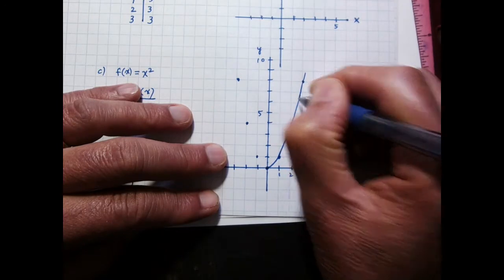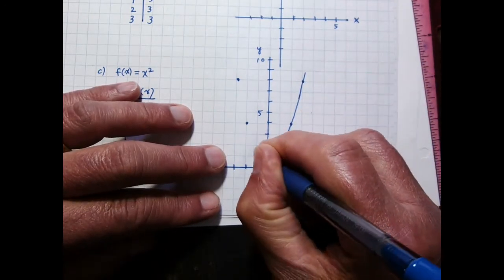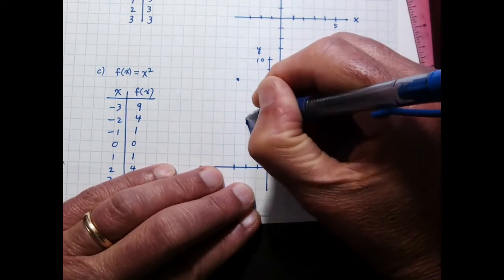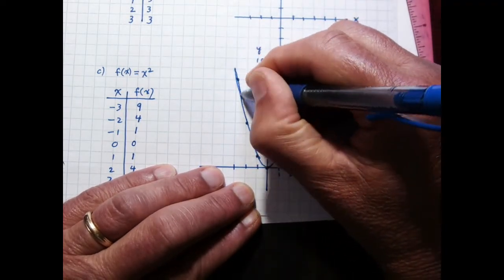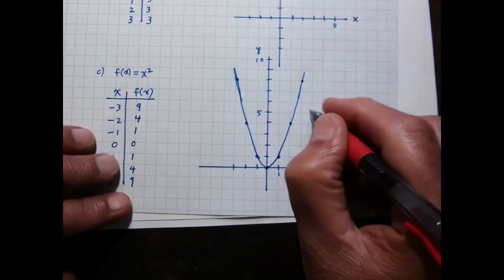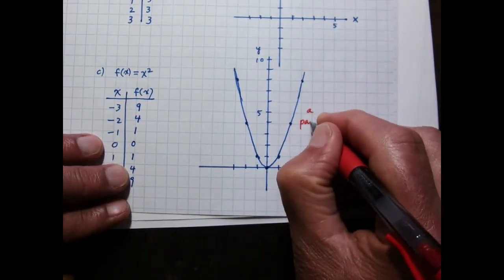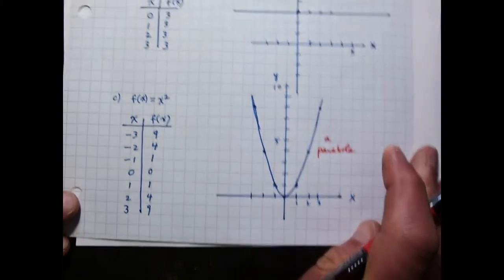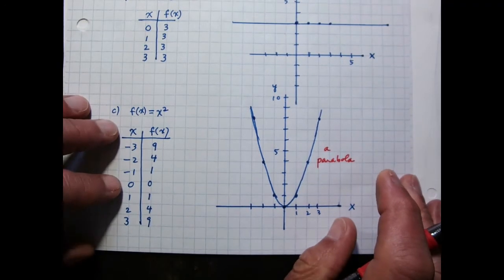This graph is symmetric around the y-axis. There we go. So that curve is called a parabola. The graph of a quadratic function. I think a U-shaped curve that you're already familiar with.